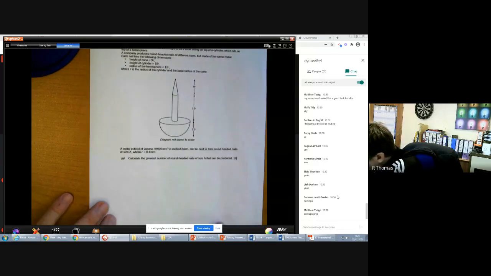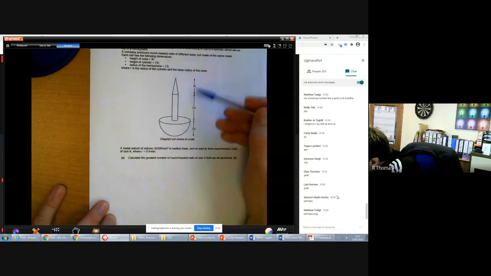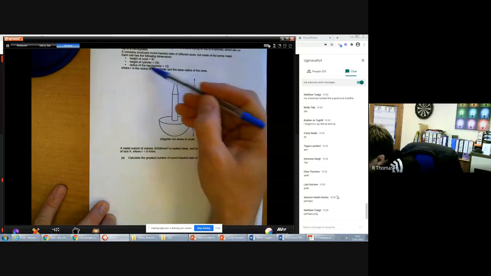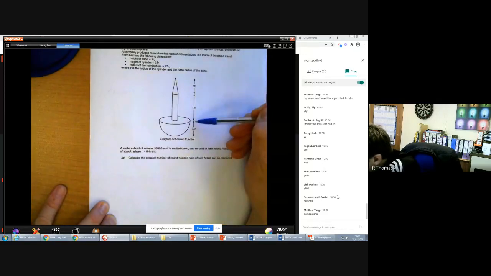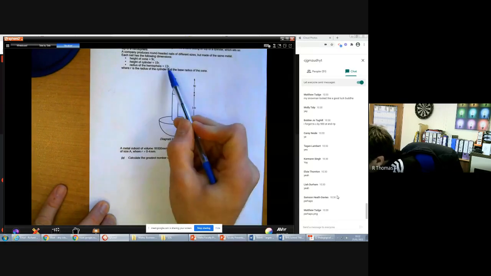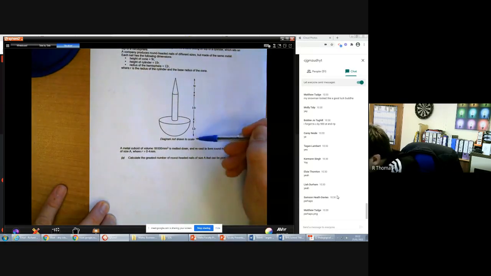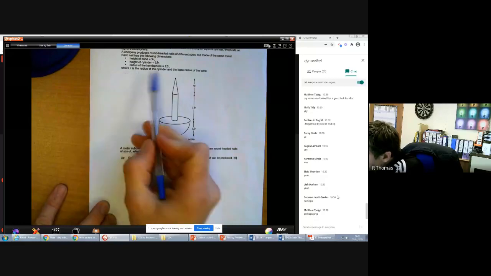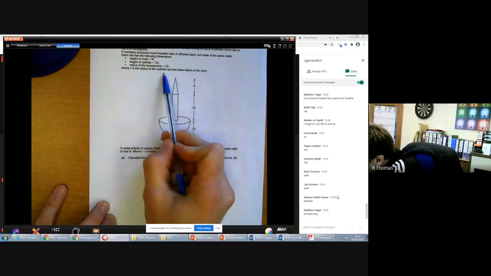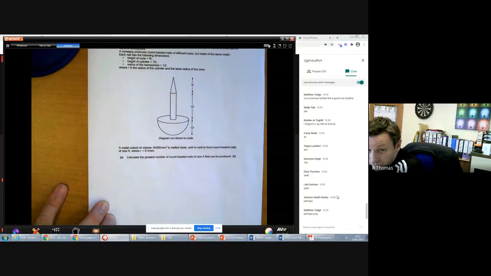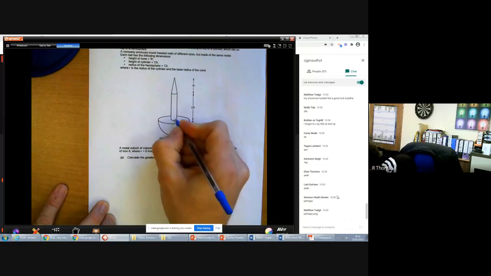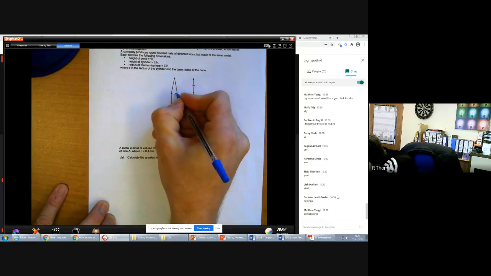The height of the cylinder is 15r. And the radius of the hemisphere is 12r, where r is the radius of the cylinder and the base radius of the cone. That's this bit here. That's what little r is, okay, on the diagram. It's the radius of the circle at the bottom of the cone and on either end of the cylinder.